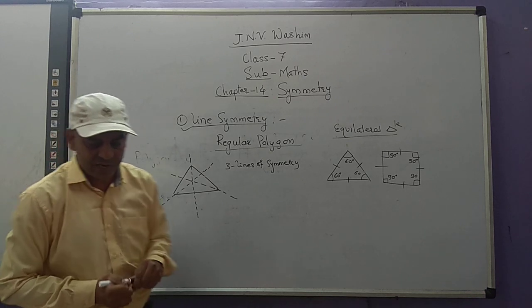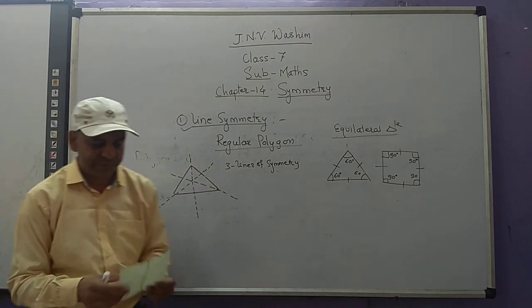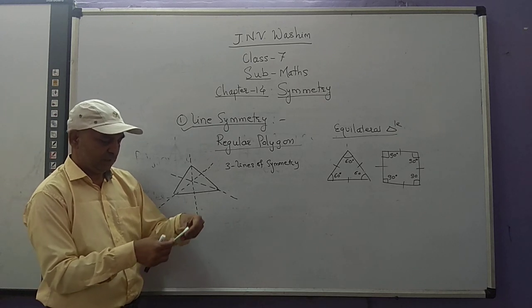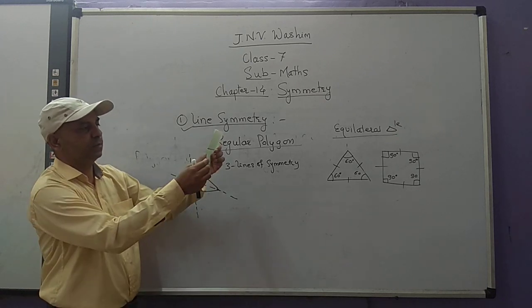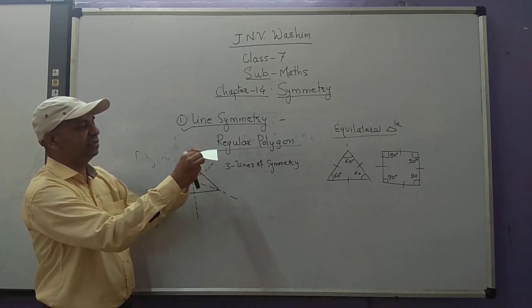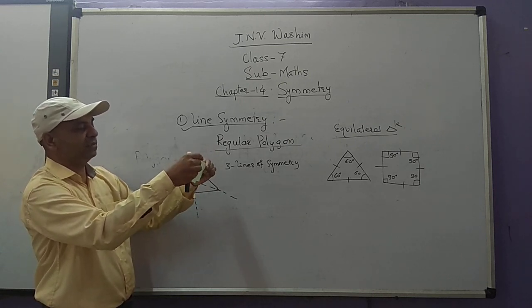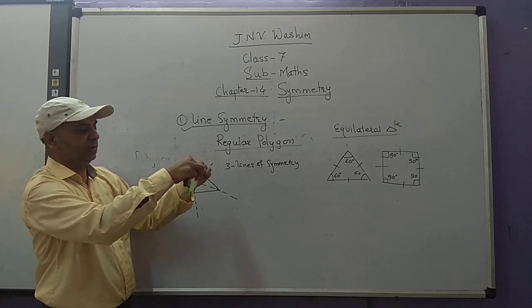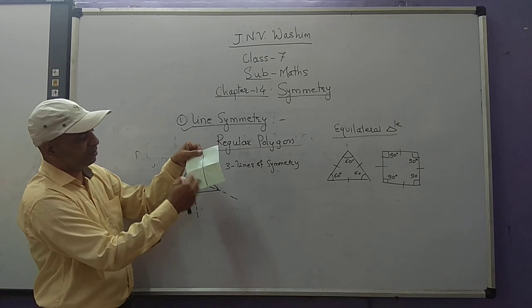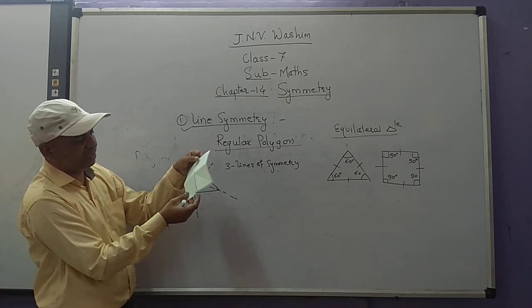Now, in case of square, when I fold like this, these two parts coincide. When I fold like this, again these two parts coincide. Okay, the square has a vertical line of symmetry and a horizontal line of symmetry.